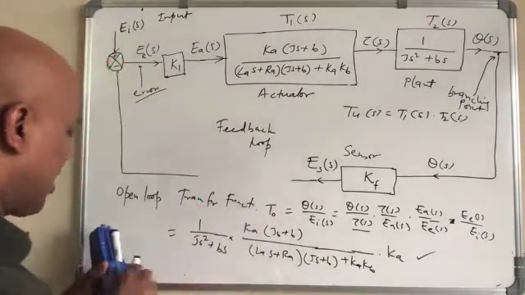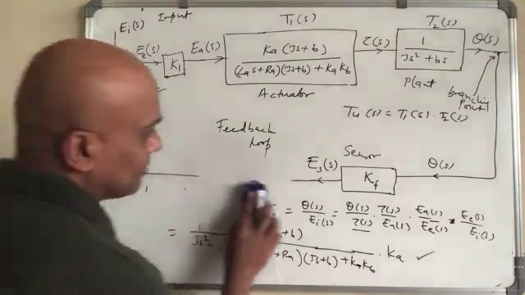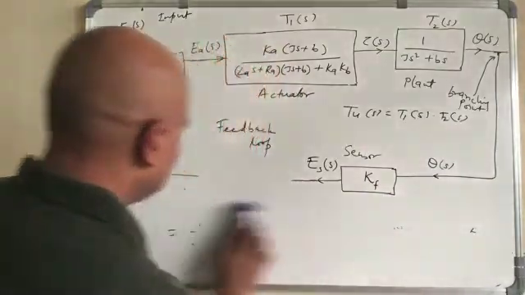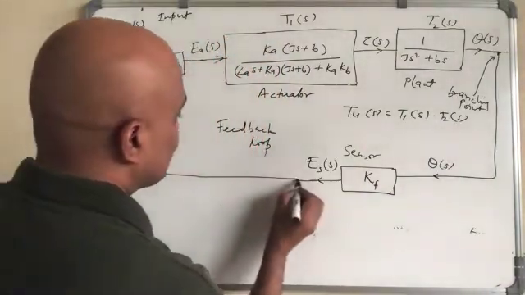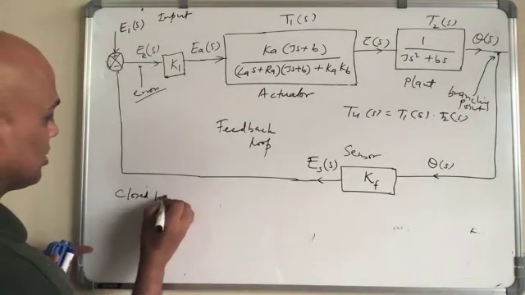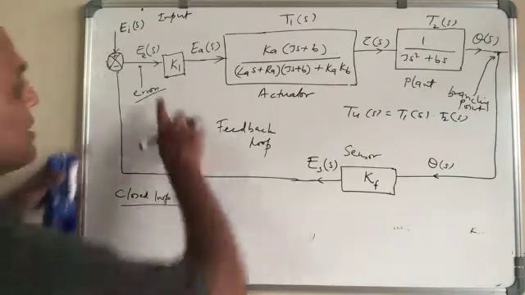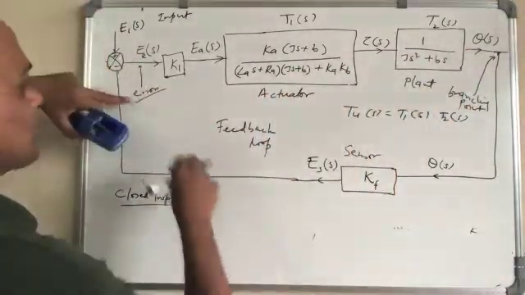Okay, what is the analysis? Now, closed loop. So this is the open loop one, and then you have to find out the closed loop one.